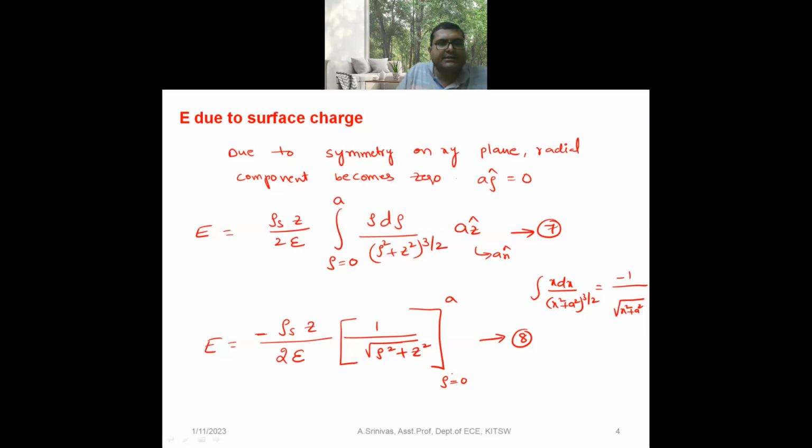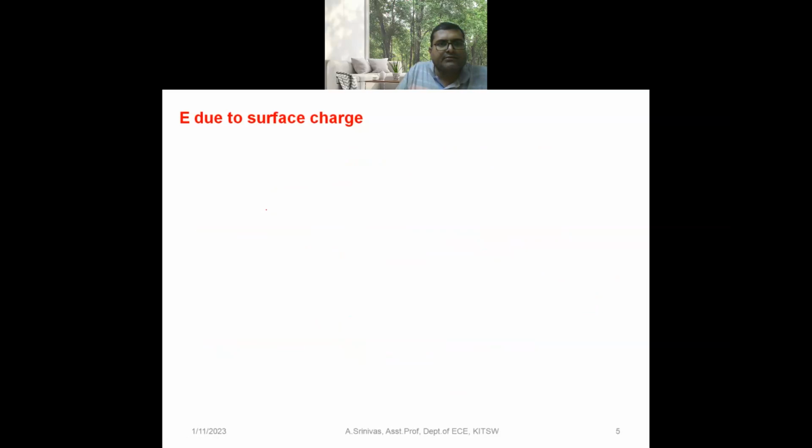By substituting upper and lower limits and rearranging, we get the electric field due to finite sheet. The electric field due to finite sheet is equal to rho s by 2 epsilon times 1 minus z by root of a square plus z square, along the direction az cap.